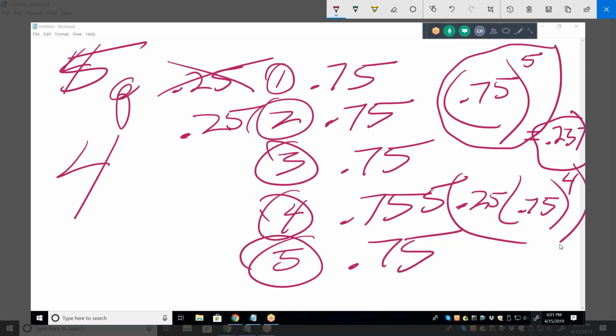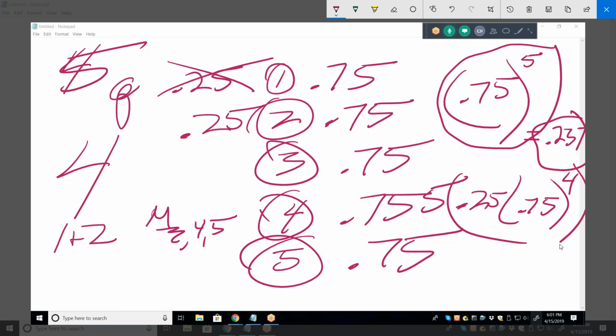Now, to get precisely 2. If we treat this as a counting problem, well, I can get 1 and 2, and I'm going to miss 3, 4, and 5. I can figure out the math on that. In other words, it's 0.25 times 0.25 times 0.75 times 0.75 times 0.75.